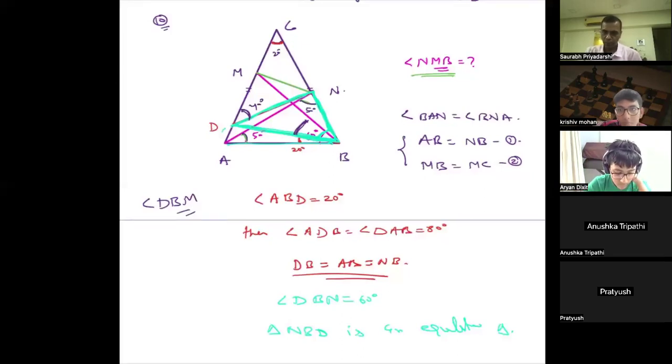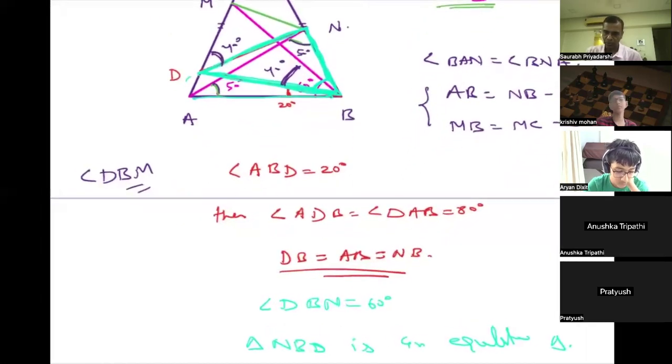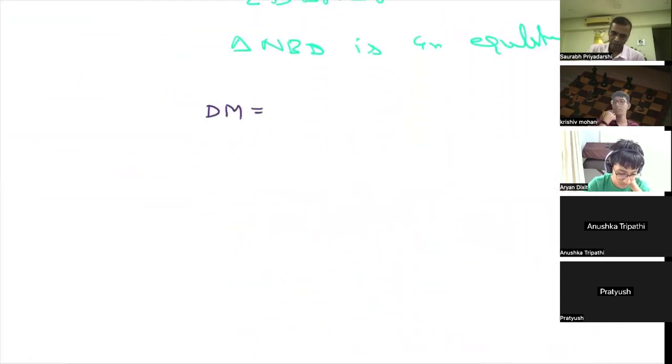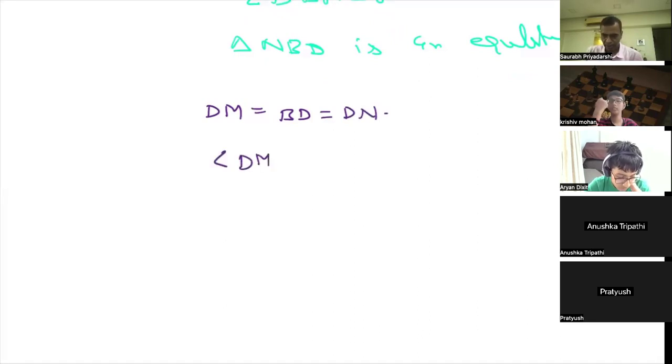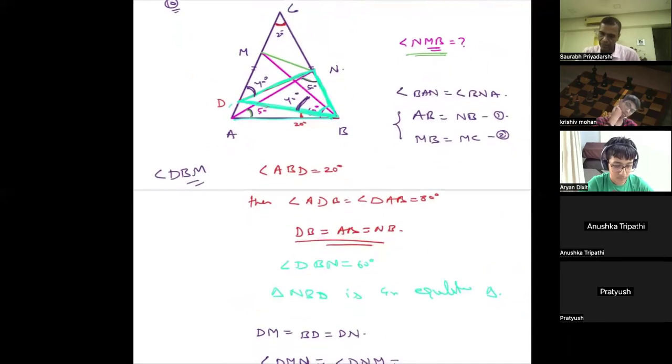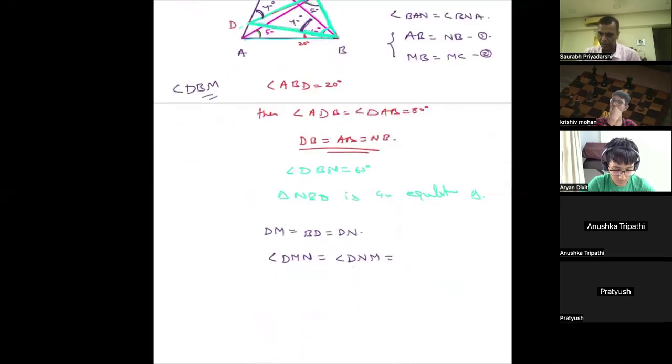Okay. If both are 40, again what are we following from this? DM is equal to DB, BD is equal to DM. So angle DMN is equal to angle DNM, and both are 70 only. This was 40, and the same angles are coming.